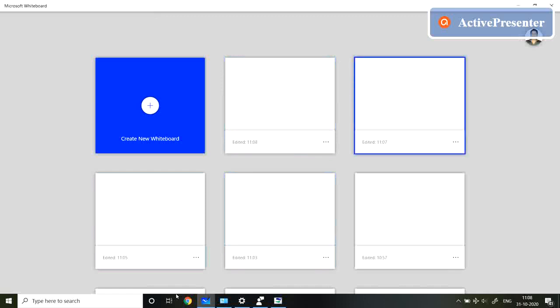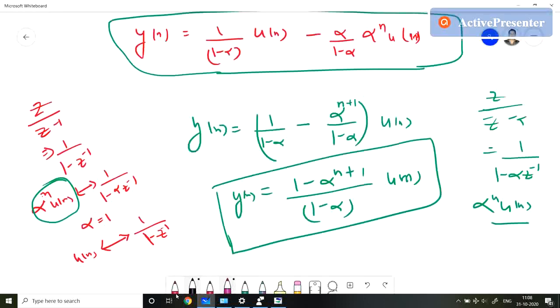Now we are going to find out the z transform.